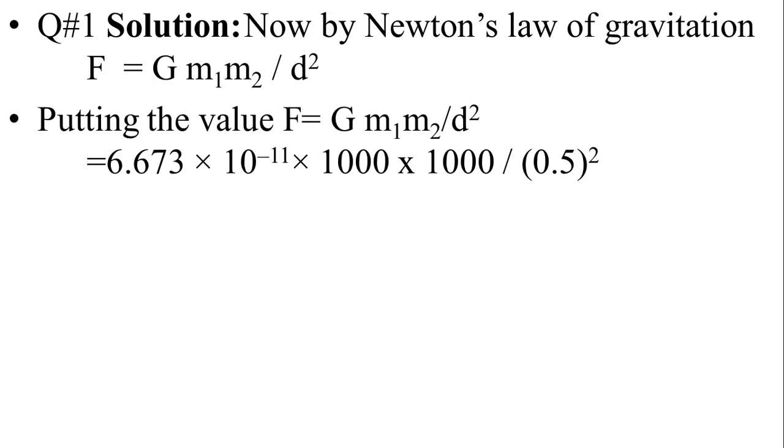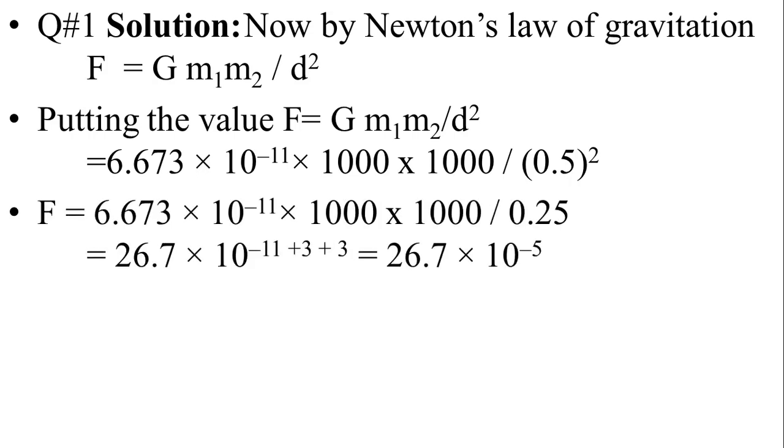So 6.673 multiplied by 10 raised to power minus 11 multiplied by 1000 multiplied by 1000 divided by 0.5 whole square. Now we calculate the value: 6.673 multiplied by 10 raised to power minus 11 multiplied by 1000 multiplied by 1000 upon 0.25.